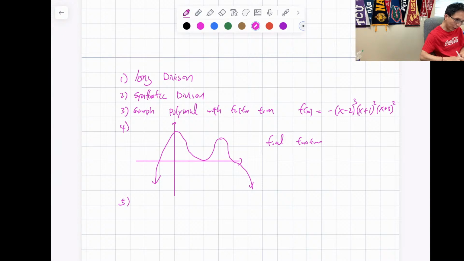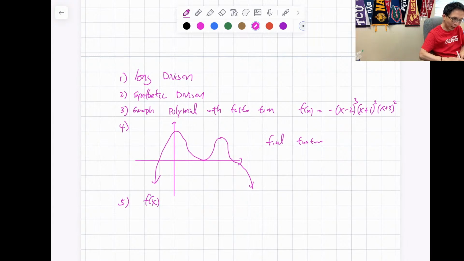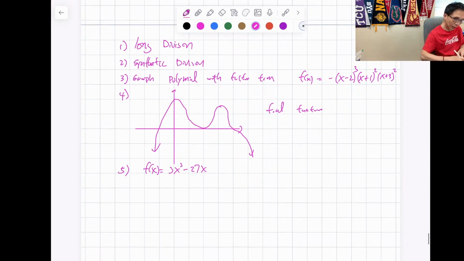You might have another one you have to graph, but you have to convert to factor form. For example, on the notes, I gave you something like 3x to the cube minus 27x. You have to convert this to factor form and then graph it. And today we talked about the rational root theorem, so try today's homework.